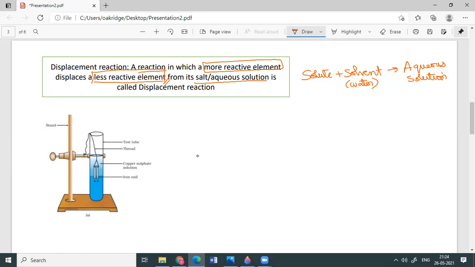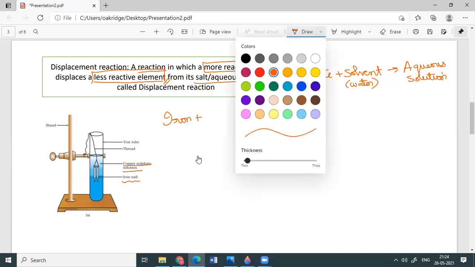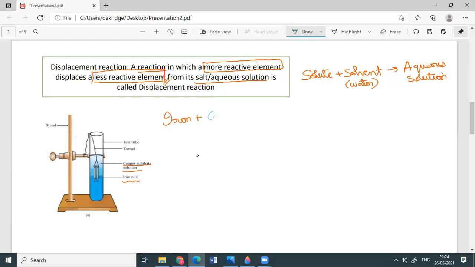Let us learn this quickly with the help of an example, children. You can see here an iron nail is kept in copper sulfate solution. If you have already observed the color, copper sulfate solution is blue in color.